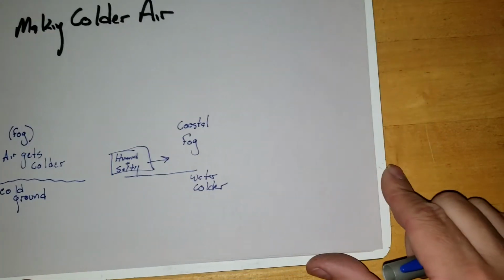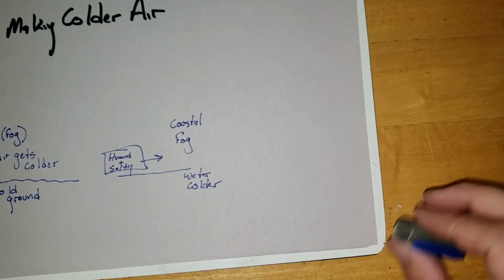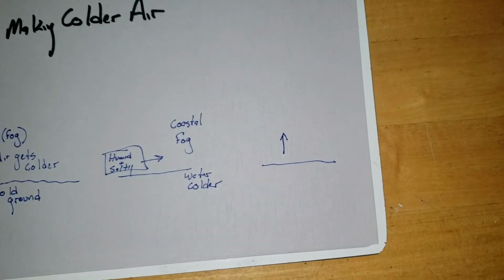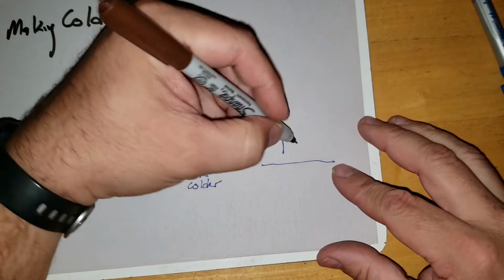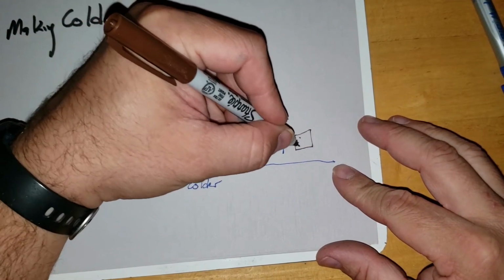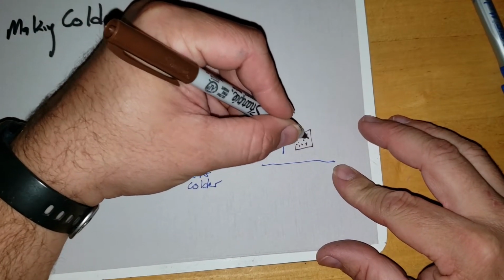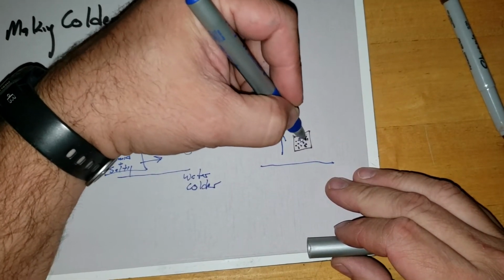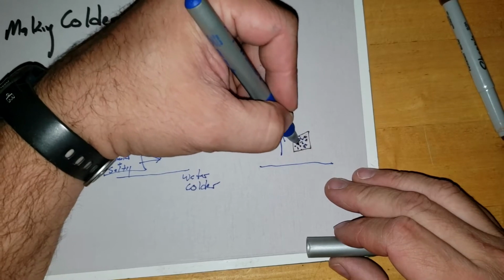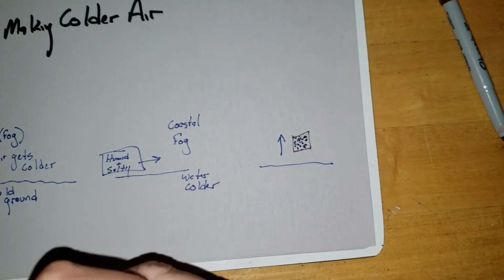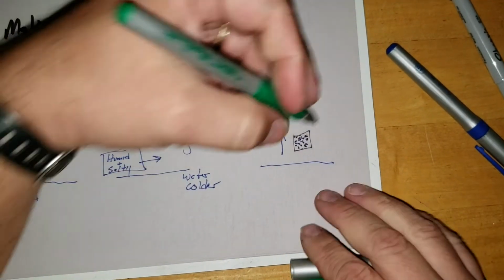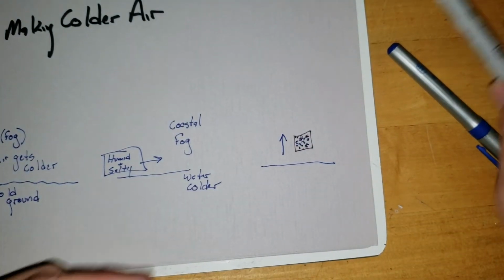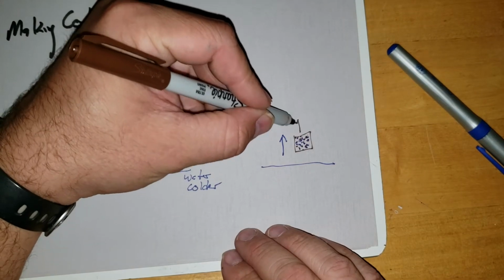Cool. Then the other way that we can make air colder is by sending air up. Say we take our air parcel with all of the little air molecules, and the water mixed in there, along with oxygen, carbon dioxide, argon, nitrogen, and other trace gases. We have some dust particles there, and we send it up, and it's got room to grow.